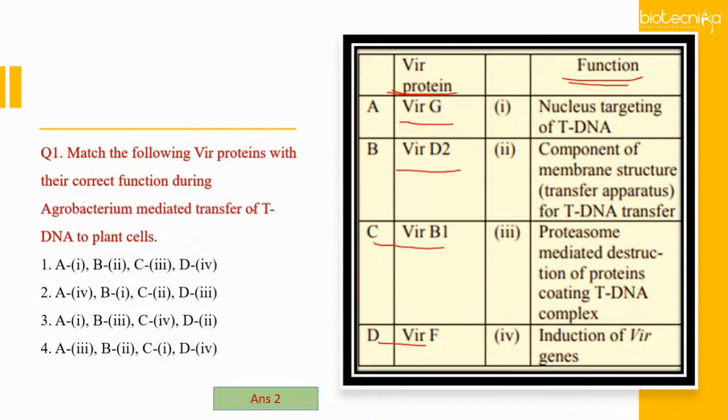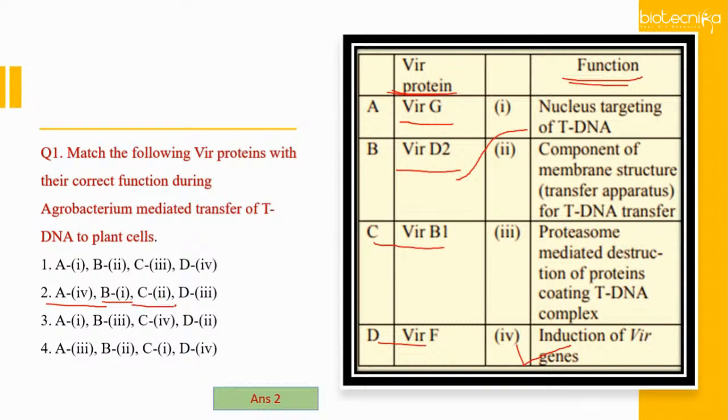The correct answer, as mentioned by Akansha, is true. That is, VirG will be responsible for inducing the virulence genes. Yes, Varsha. And VirD2 is responsible for nuclear targeting of T-DNA.